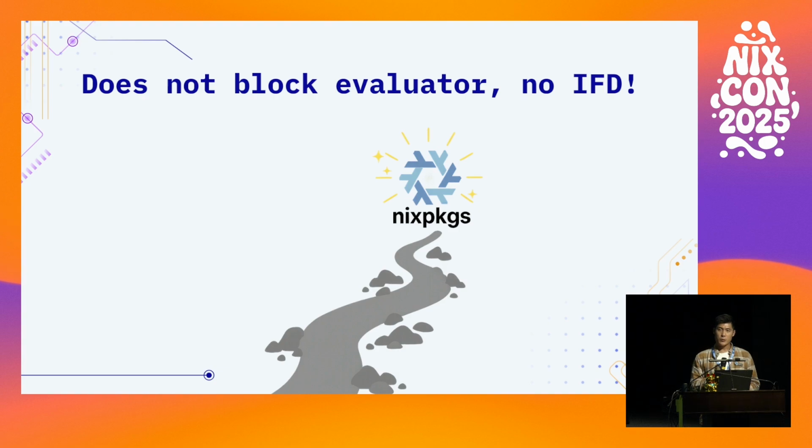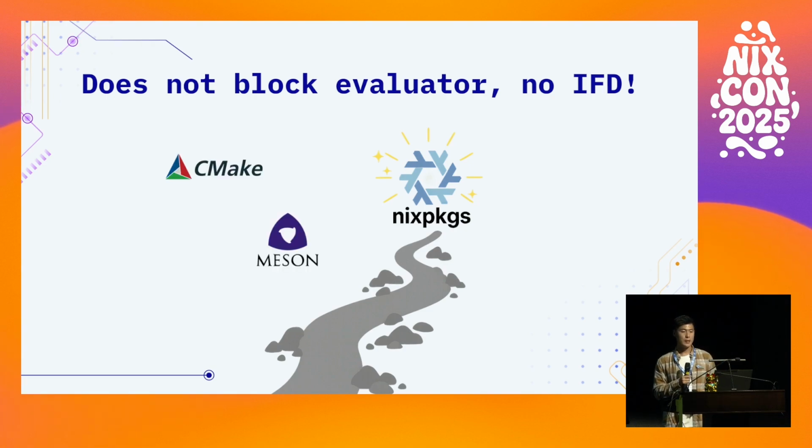I think the really exciting thing about dynamic derivations is that it does not block the evaluator. It has no IFD. So it means that tools like Nix Ninja have a potential path to be used in Nixpkgs to compile really massive projects like LLVM and Chromium. Anything that uses Meson or CMake.